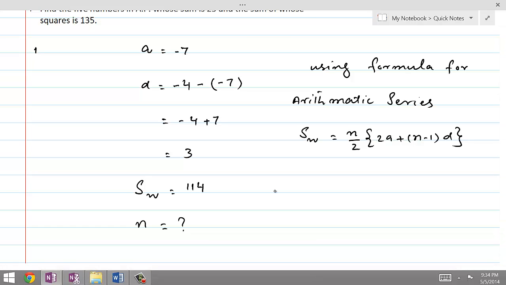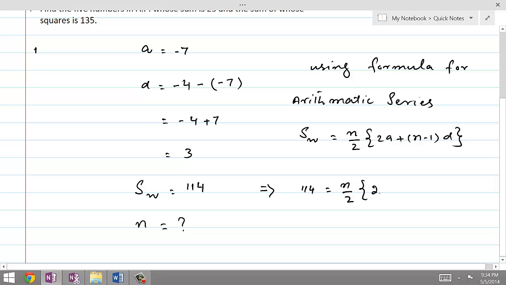If we substitute the values into this formula, Sn is given, that's 114. 114 is equal to n by 2, n is what we need to calculate, times 2a, a here is -7, plus (n minus 1) into d, d is +3.